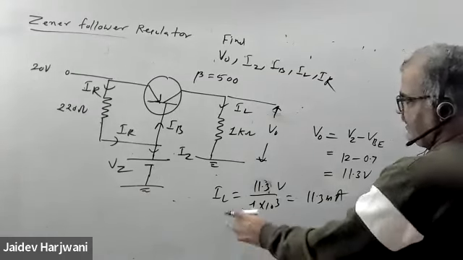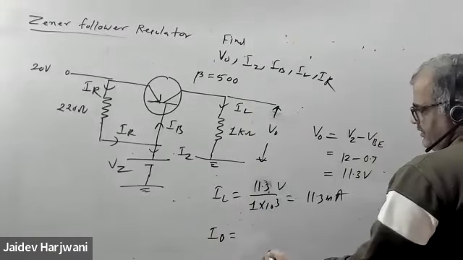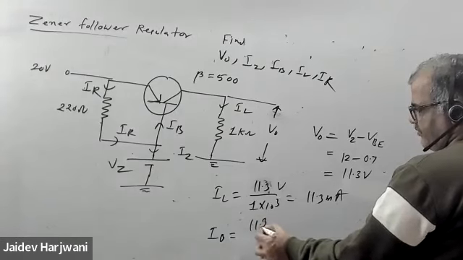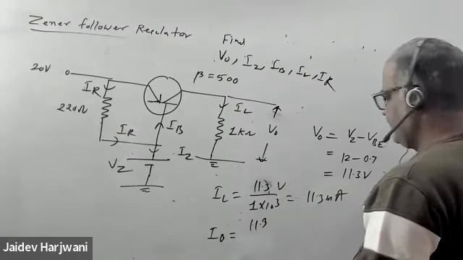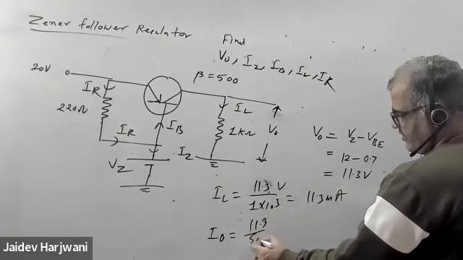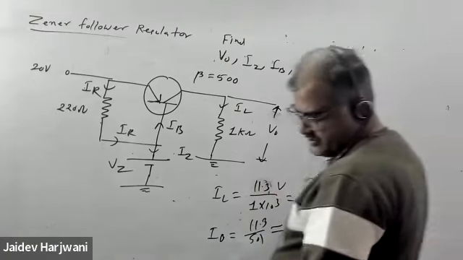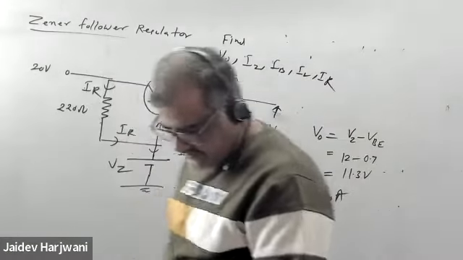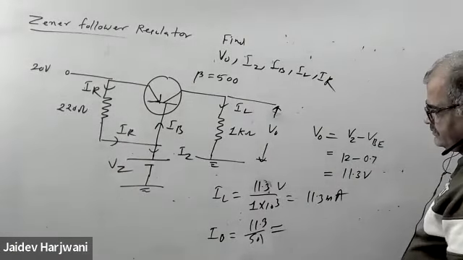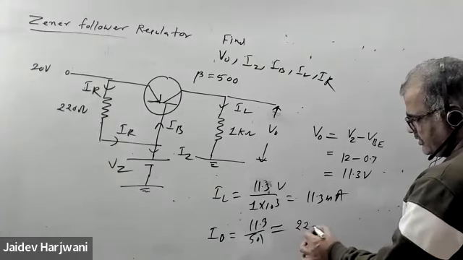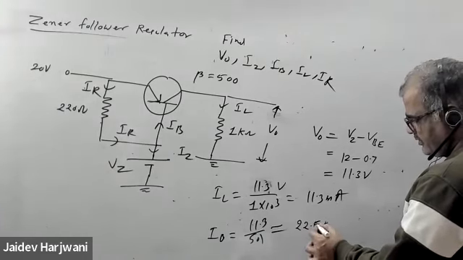Now once you know IL, you can find IB also. IB will be 11.3 upon 500, or 501, beta plus 1. So 501. This will give you some microamperes, about 22.56 microampere.